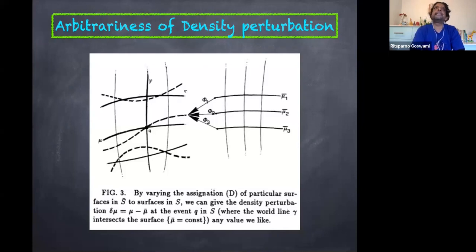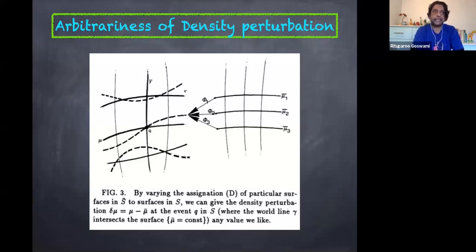Once we do that, we see that delta mu, which is the difference of density between the mapping of the idealized universe and the real universe, will be only a function of time, because now we are dealing with constant density hypersurfaces around Q. Again, with our gauge freedom D, we can specify the energy density at a given hypersurface in a way that delta mu, the difference between the idealized density and observed density, is exactly 0 at that given hypersurface. We can do that.